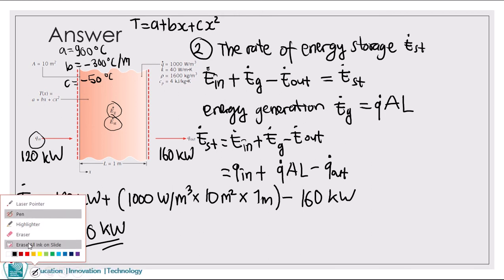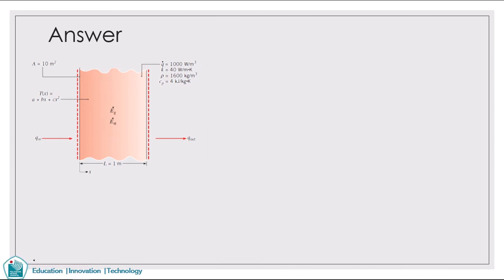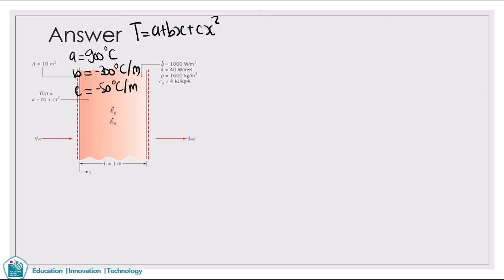So I will erase all. Remember we have the T here. T is equal to a plus bx plus cx squared, where a is 900 degrees C, b is minus 300 degrees C per meter, and c is minus 50 degrees C per square meter.